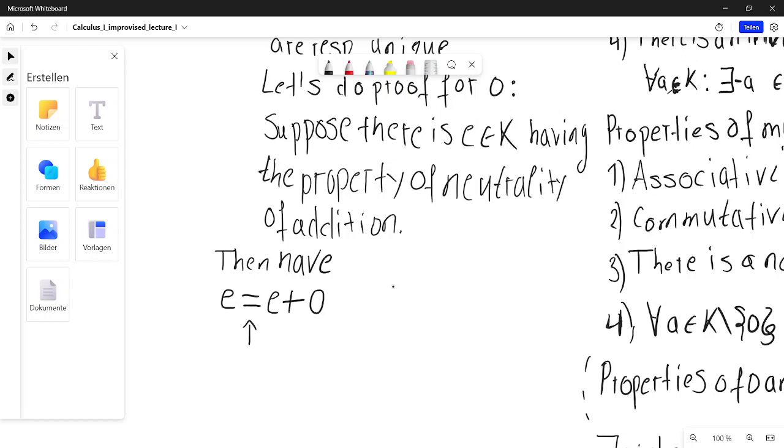Then what could we say about this element? What we'd like to say is that it has to be equal to 0, so that it was actually 0 that we have taken. Neutrality of 0, because 0 is neutral with respect to any element, in particular with respect to E, which is an element of K.